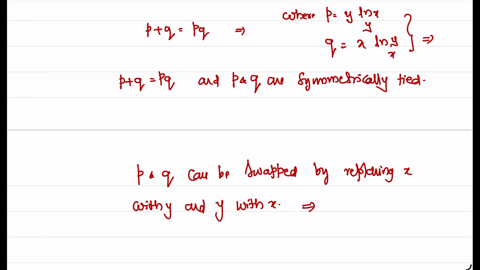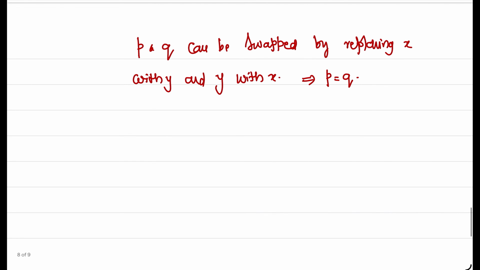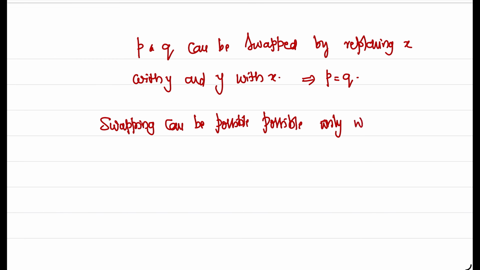This implies P should be equal to Q. Swapping can be possible only when P is equal to Q and not otherwise.